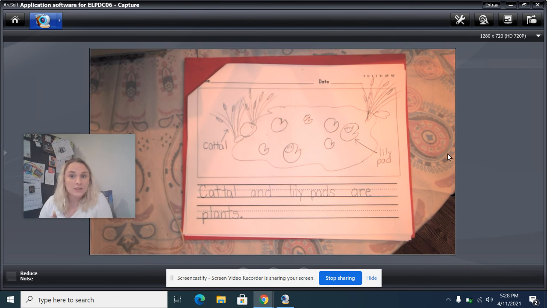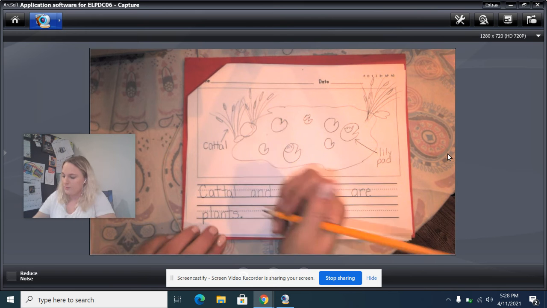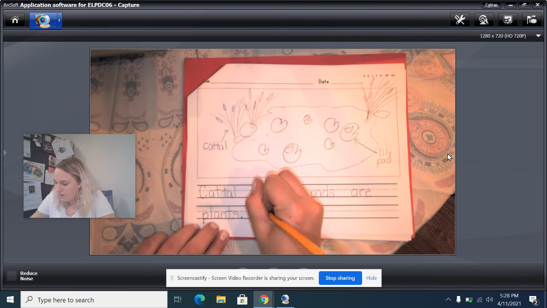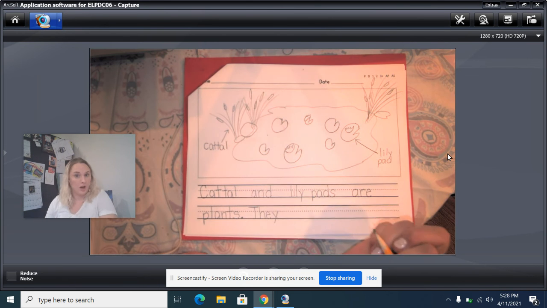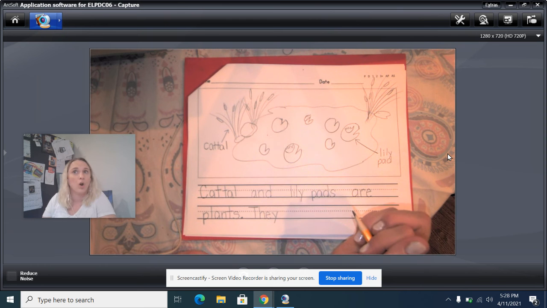Maybe we can add another sentence. Maybe we can add, they are at the pond. Or maybe we could say they grow at the pond. How about that, friend? We use the word grow.